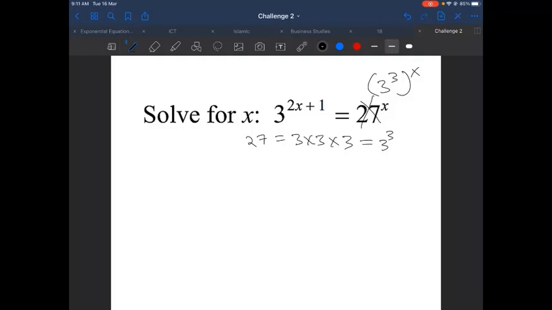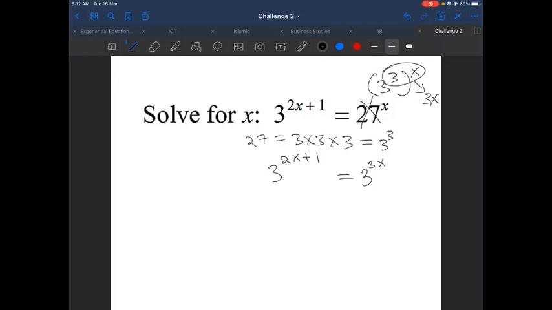When you multiply 3 and x together, you get 3x. Now we can say that 3 raised to the power of 2x plus 1 is equal to 3 raised to the power of 3x.